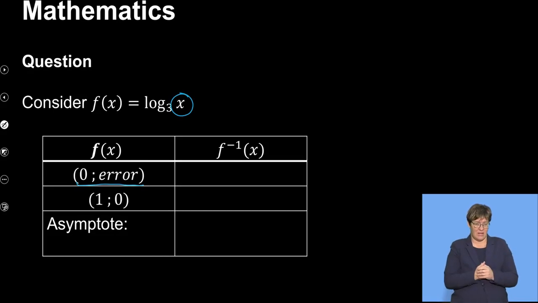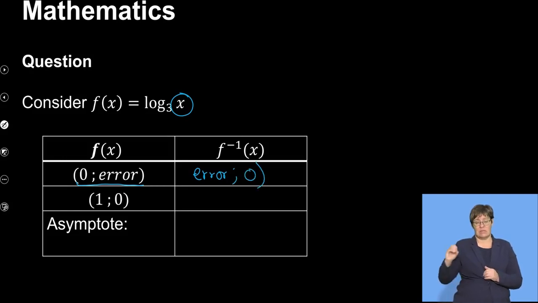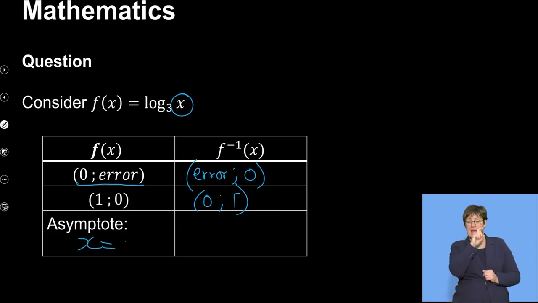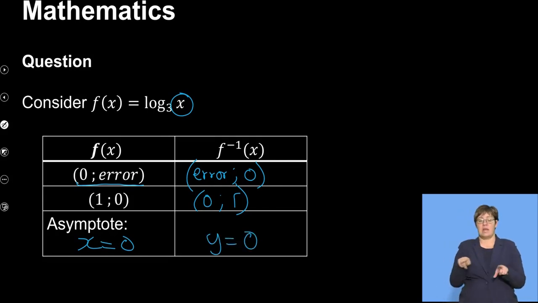So it means for the inverse, this is going to be error and 0, right? Because you swap them around. And then this one is 1 and 0, so for the inverse, it will be 0 and 1. Right? And then lastly, the asymptote here, remember we said it was x equals 0. It means the asymptote here will be y equals 0.